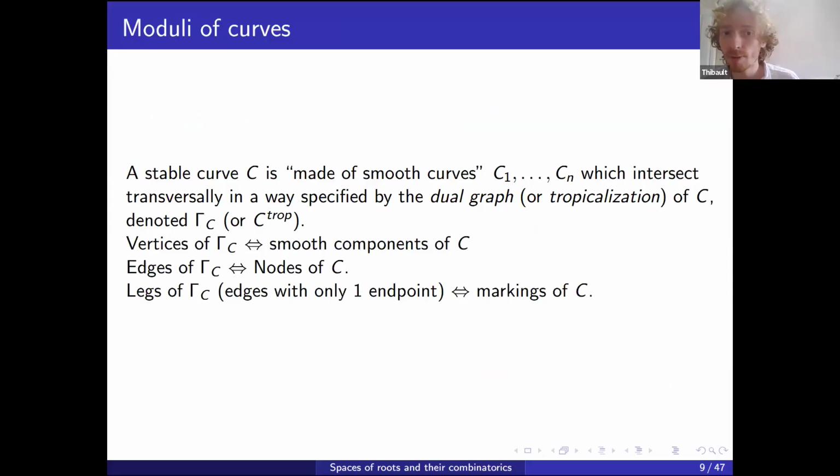The vertices of this graph are the irreducible components of the curve. The edges of the graph are the nodes of the curve, and so they join the two components that are touched by the node. And there's also what's called legs of the graph. That means edges that are attached to only one vertex, and those correspond to the markings, the distinguished points.